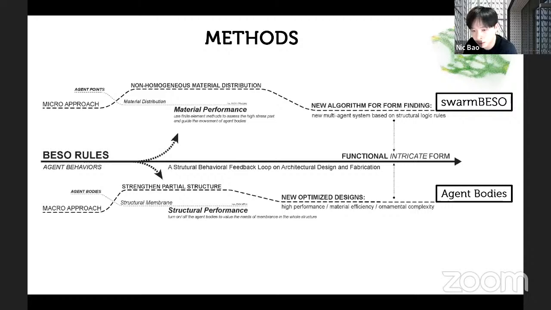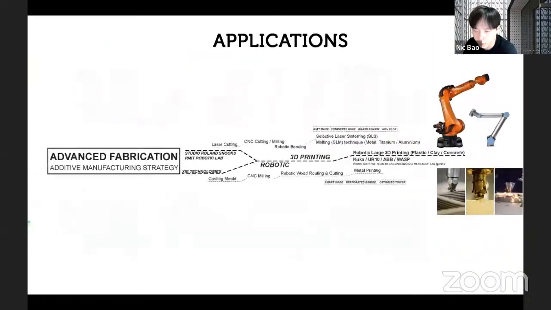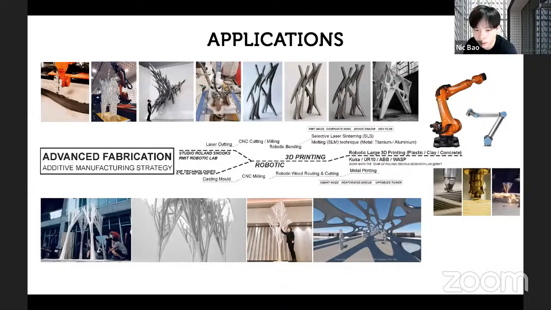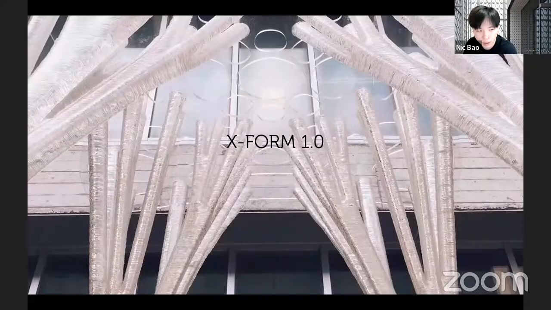Another is a real-time feedback algorithm for larger-scale agent body design. Most of the algorithms have been tested in different architecture applications, starting from the first project, XForm 1.0. Today I will talk about several projects related to the same topic, but very briefly.